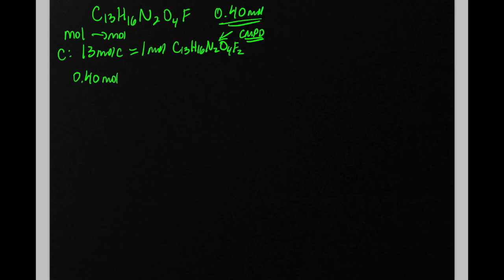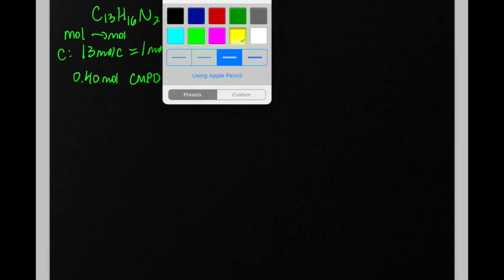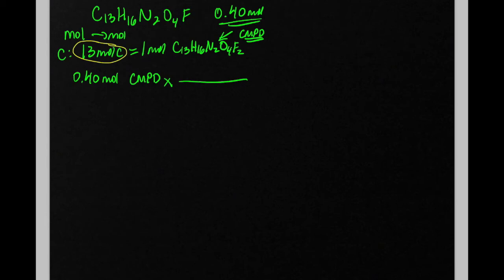So the way you set this up is you write down the moles of your compound. Okay, set up your fraction bar, and then on either side of this fraction bar you want to position 1 mole of your compound, or 13 moles of carbon. We want 1 mole of the compound to be on the bottom of the fraction to cancel, and we want 13 moles of carbon to be on top because those are the units we're going to be left with.